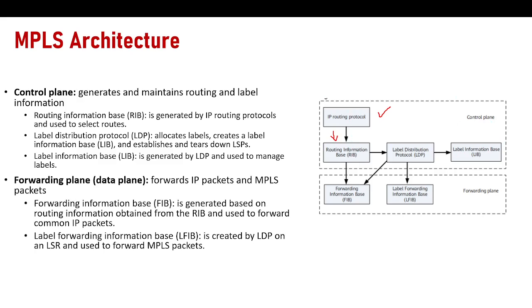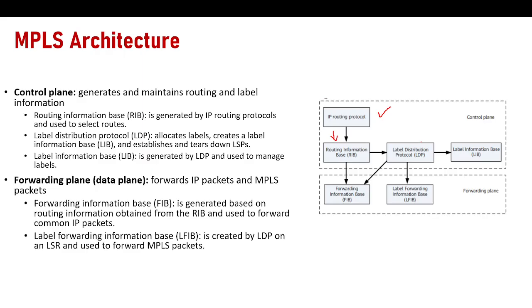And then you have a label distribution protocol. The label distribution protocol assigns labels to the routing information that you have in your routing information base. You can have LDP, you can have RSVP, you can have segment routing, any signaling protocol that you have deployed on your network.